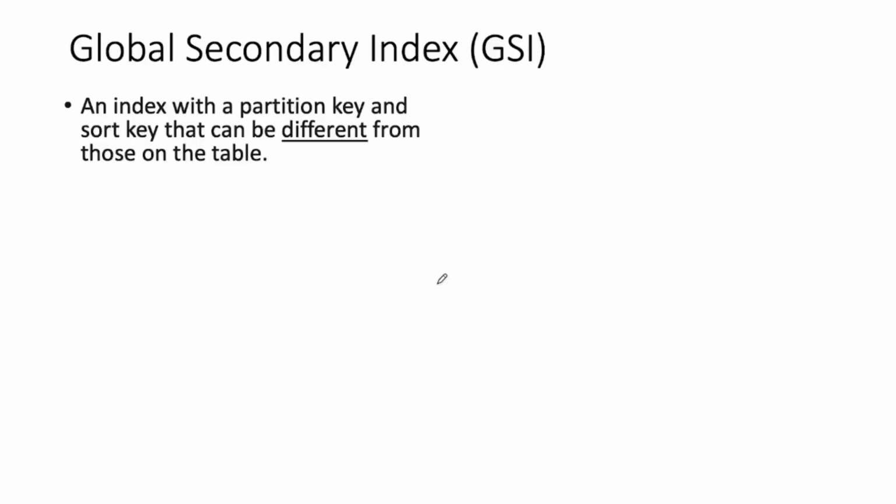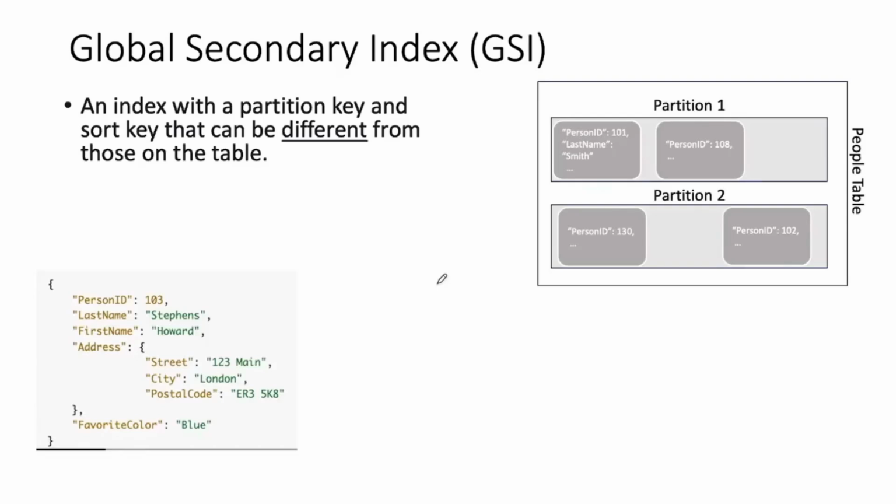With the global secondary index, your partition and sort key can be totally different from what you have on the table. So in the case of the people table, we know the people table only had a single partition key as primary key. So the person ID is the primary key on the table, and that is being used to partition the table as well as get to the partitions and the item when we are querying.